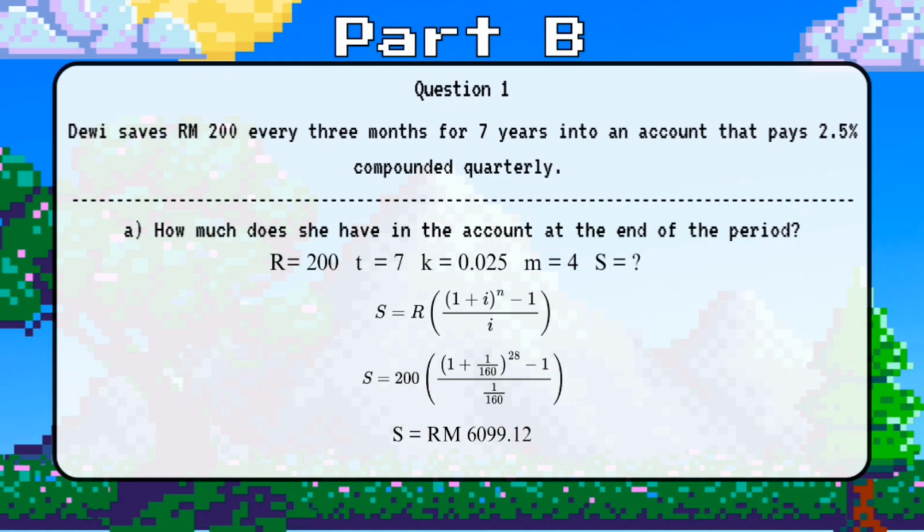The R equals 200, t equals 7 years, k equals 0.025, m equals 4. After that, we just need to insert all the information given into the formula. S equals 200 bracket 1 plus 1 over 160 bracket power of 28 minus 1 over 1 over 160. And the final answer is S equals 6,099 and 12 cents.